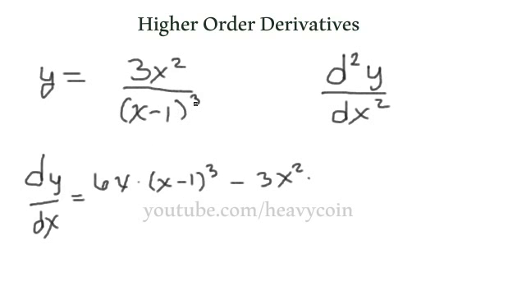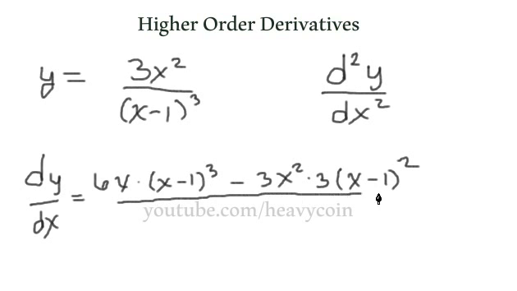So this is going to end up taking this 3, bringing it out front, rewriting everything in parentheses, subtracting 1 from the exponent, and that gives us a 2. And of course it's all over (x minus 1) quantity cubed.